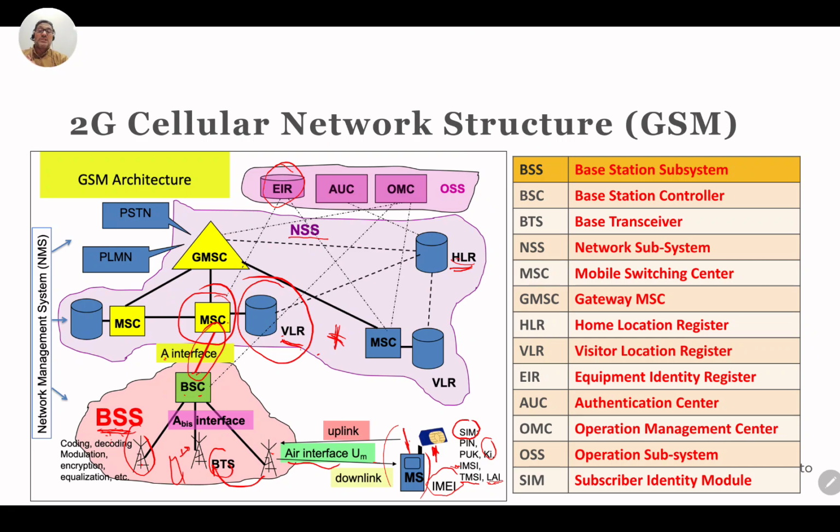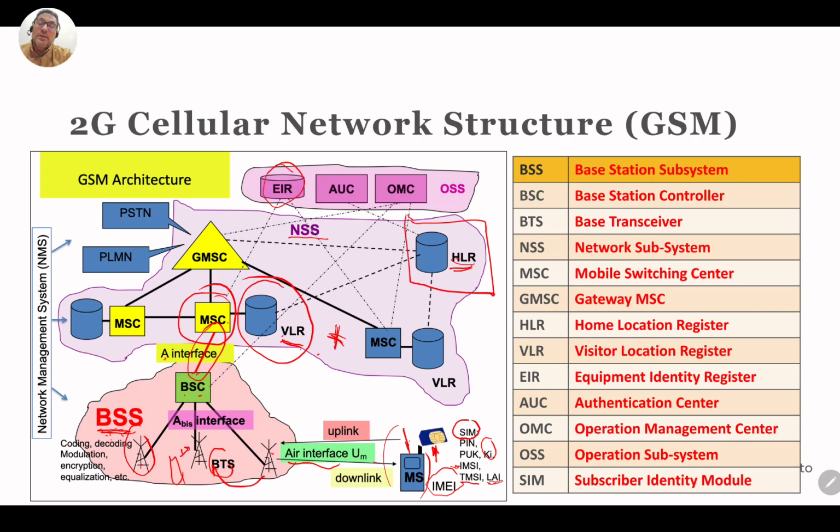What is the home location register? It is another database, containing all information of all customers of that operator. For example, if we have operator X in a certain country, they have all information of all customers: their SIM card, their names, their subscription type, all information related to that customer, updated in this home location register.